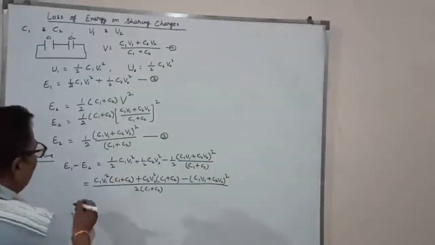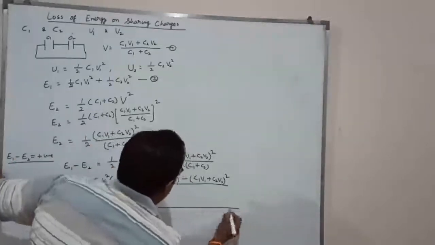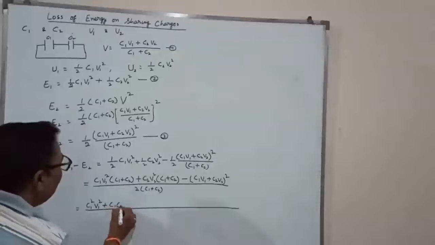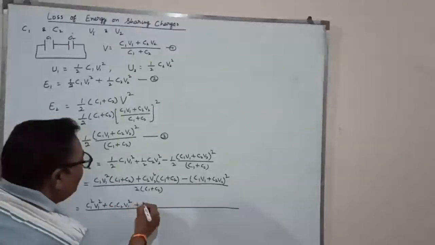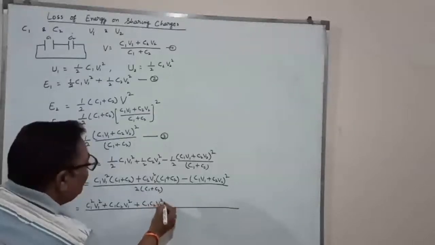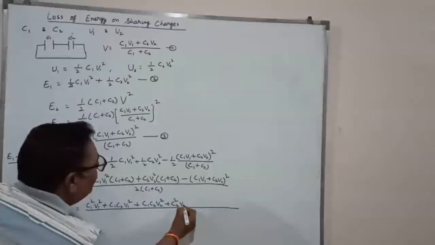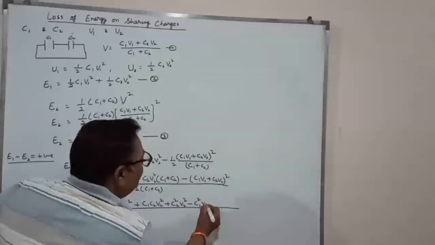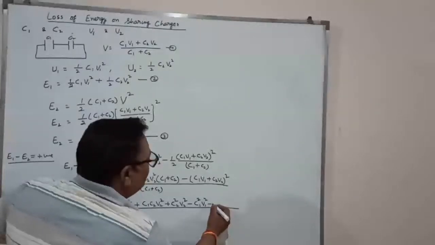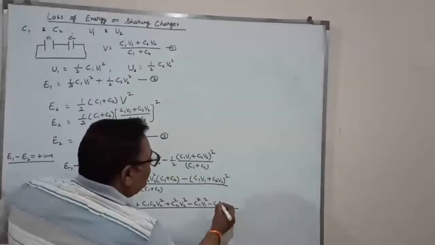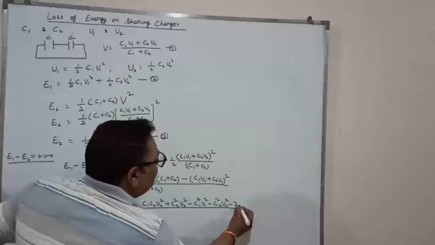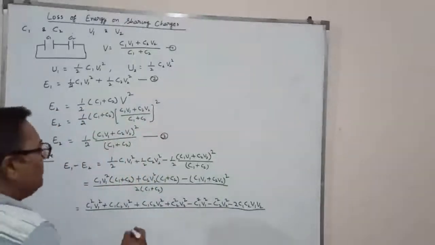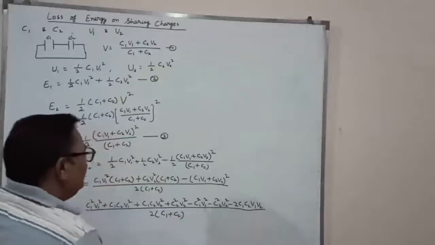Clear? Or this expression: C1 square V1 square plus C1 C2 V1 square plus C1 C2 V2 square plus C2 square V2 square minus C1 square V1 square minus C2 square V2 square minus 2 C1 C2 V1 V2, upon 2(C1 + C2).